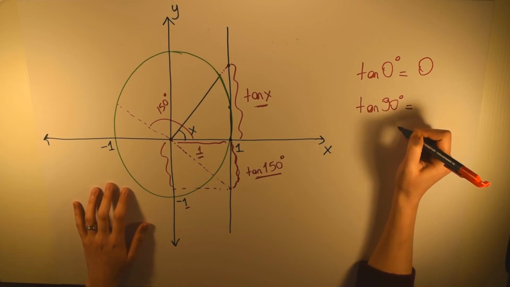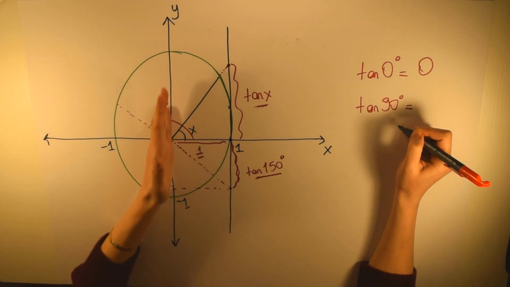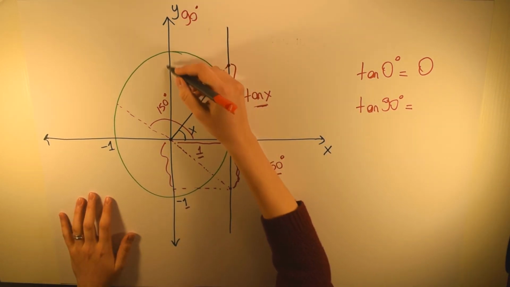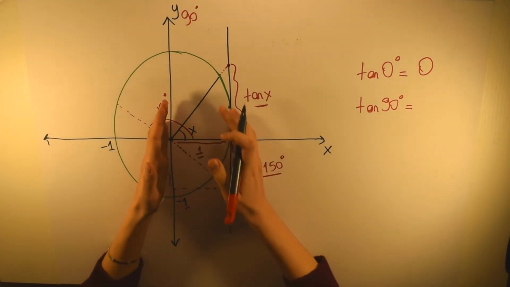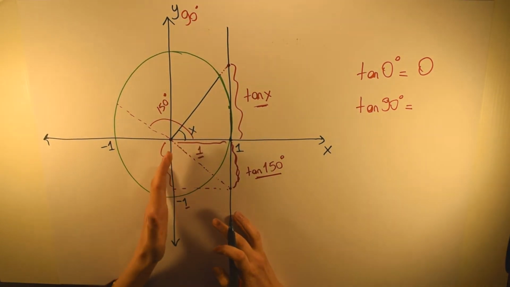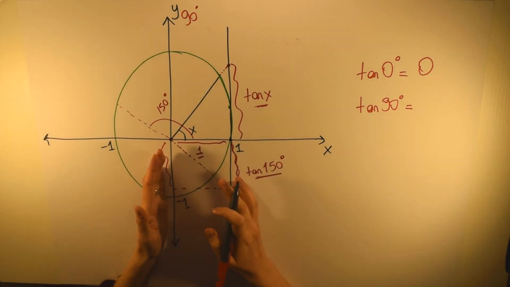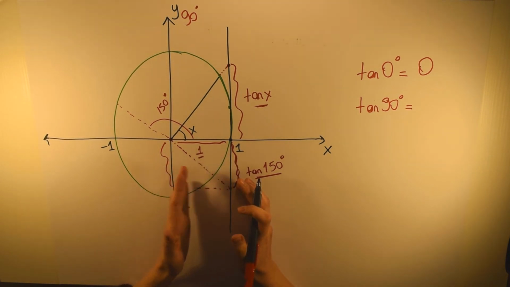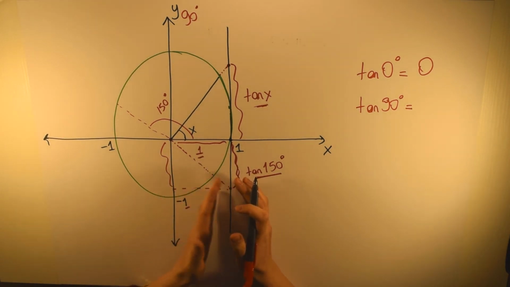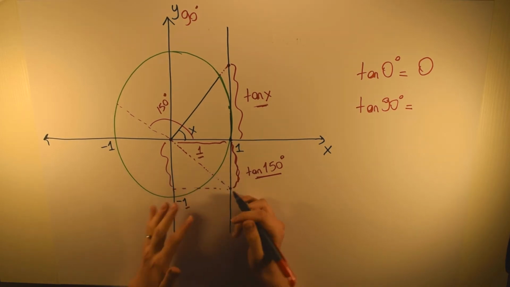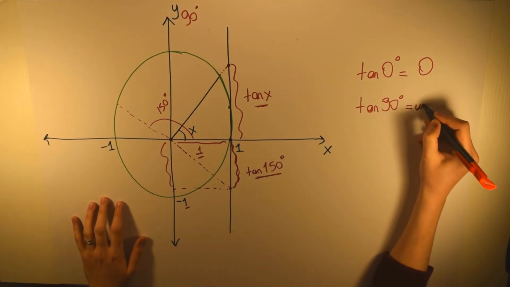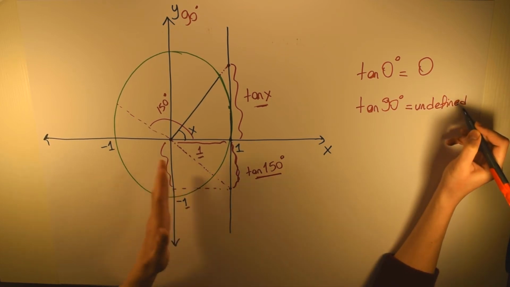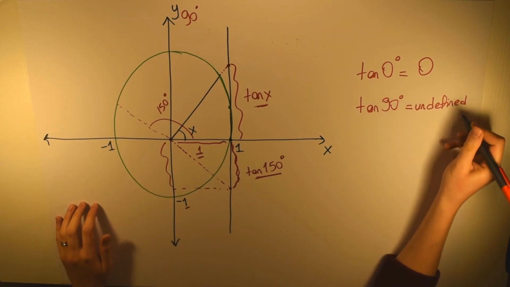When your radius is at 90 degrees, it is parallel to this line. Since they are parallel to each other, these lines will never intersect. That's why there is no value of tangent, and we call it undefined. Since they are parallel, they will never intersect, so this is undefined.